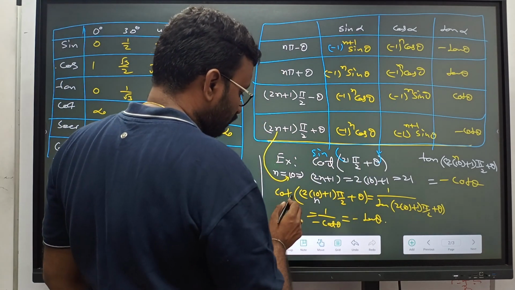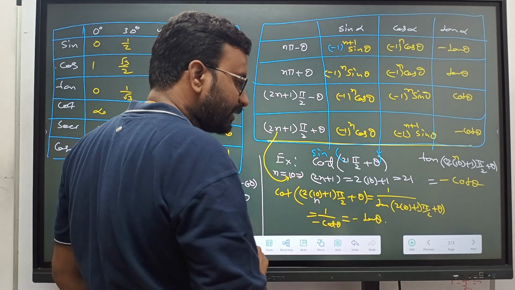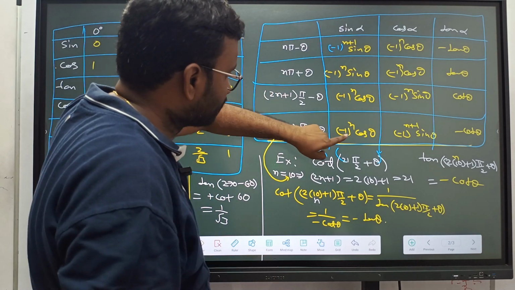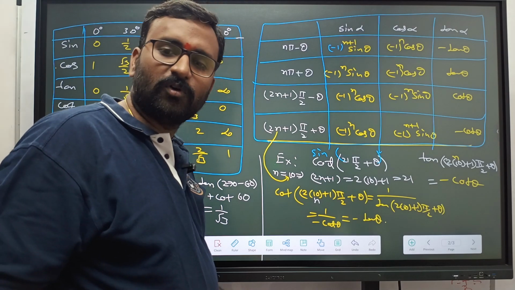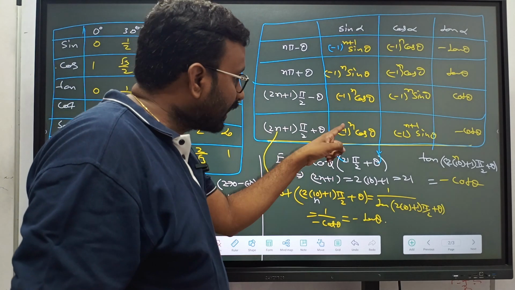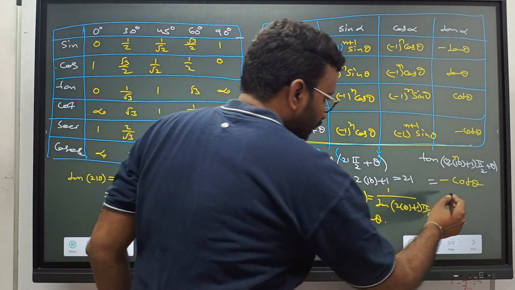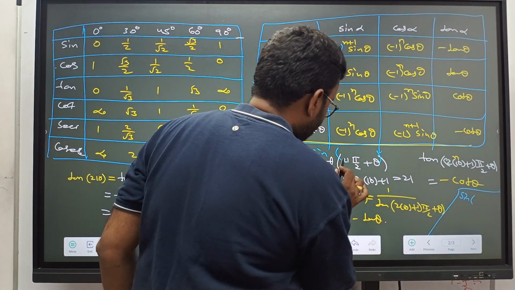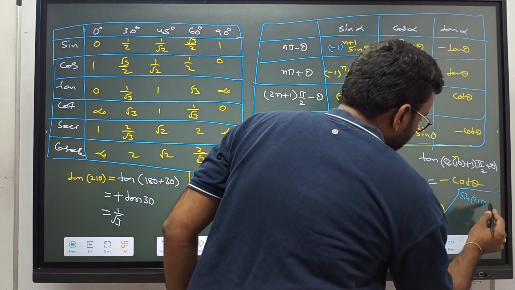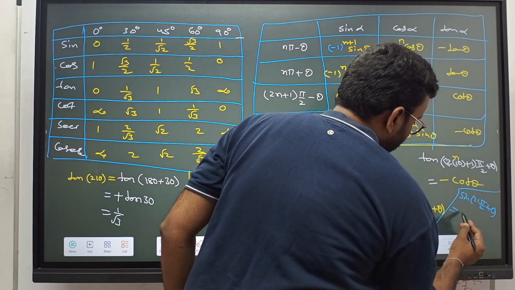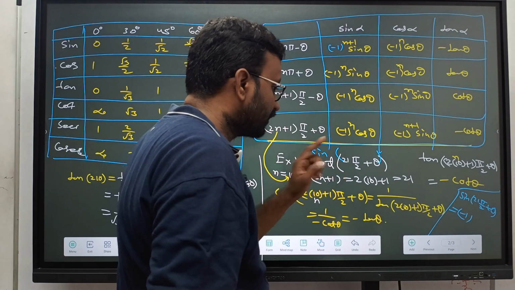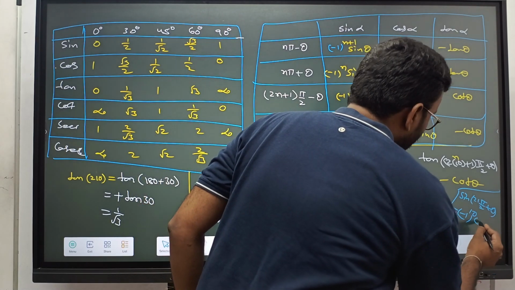Suppose instead of cot, some different ratio, sine. Same, what is n here? 10. Sine of 21 pi by 2 plus theta will become minus 1 whole power n, where n is 10, into cos theta.